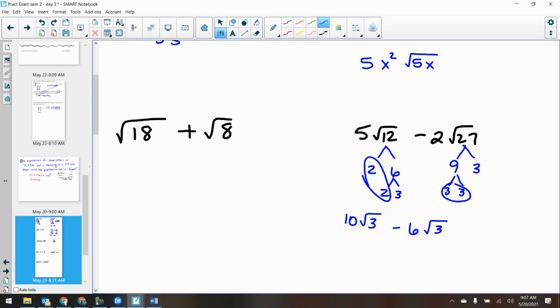The 6 is because of the 2 that was already out there and the 3 that came out multiplied together to get a 6. So what's my final answer? 4 radical 3. Remember, leave the radical 3 on there.